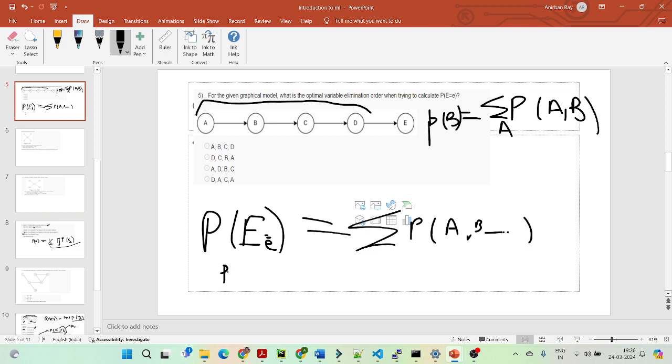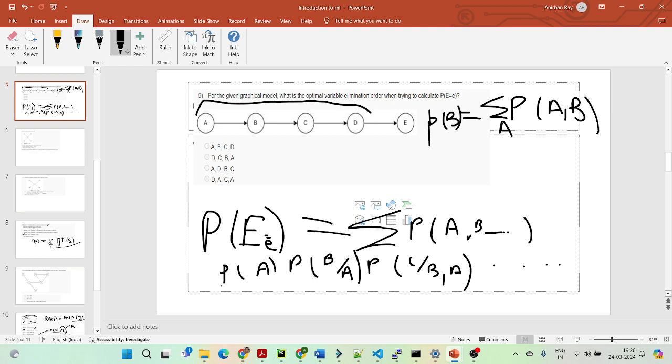This can be written as P of A, as A is independent of everything, then P of B given A, and P of C given B and A. So you have to marginalize with respect to A first.